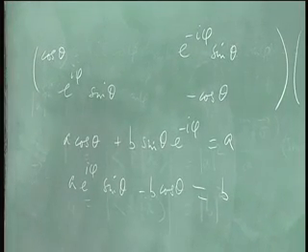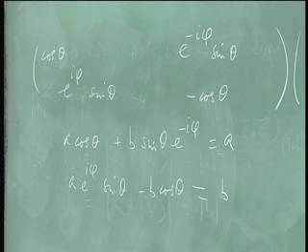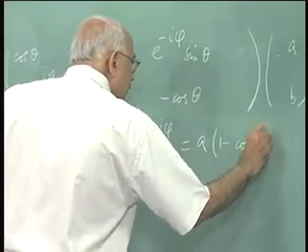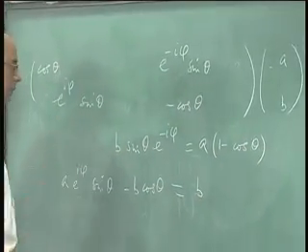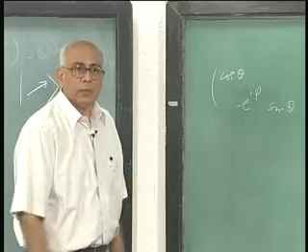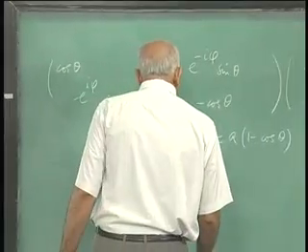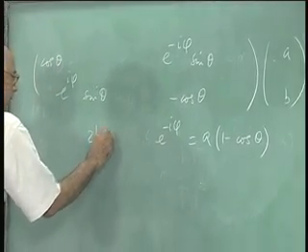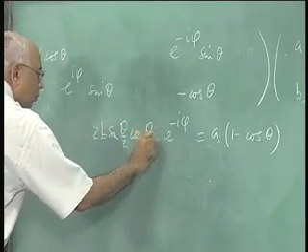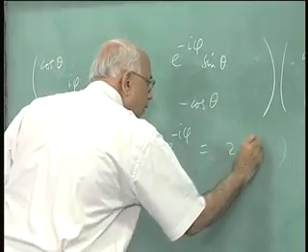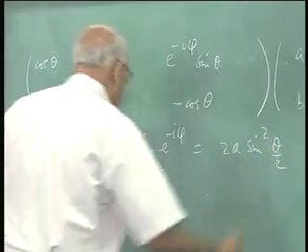Either of them would do, because this is something where you are going to normalize a and b such that mod a squared plus mod b squared is 1. So it says b sin theta is a into 1 minus cos theta. You do not need this guy, that fixes your b, and then I normalize it to unity. So b, this can be written as 2b sin theta over 2 cos theta over 2 is 1 minus cos theta, which is 2a sin squared theta over 2.